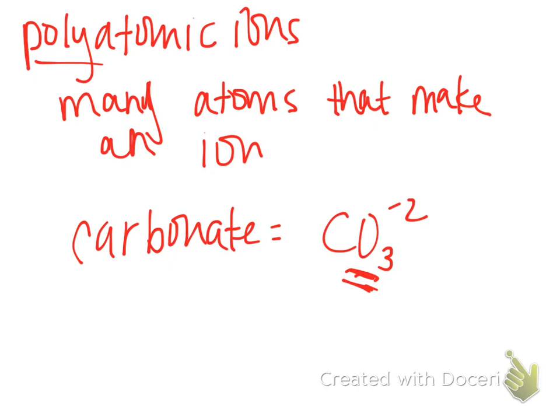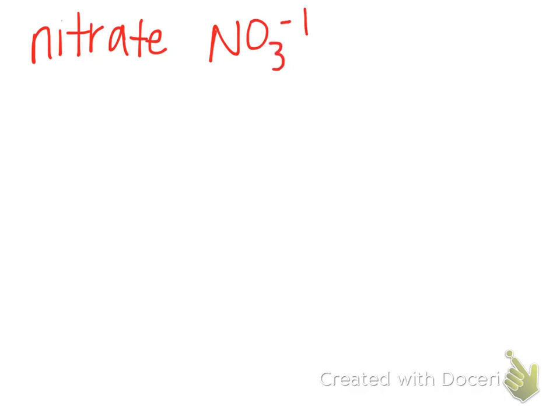Okay? I want you to look at nitrate. I want you to find nitrate on there. Nitrate is NO3 minus 1. And then what's the one right below it? Nitrite. And what is the formula for nitrite?